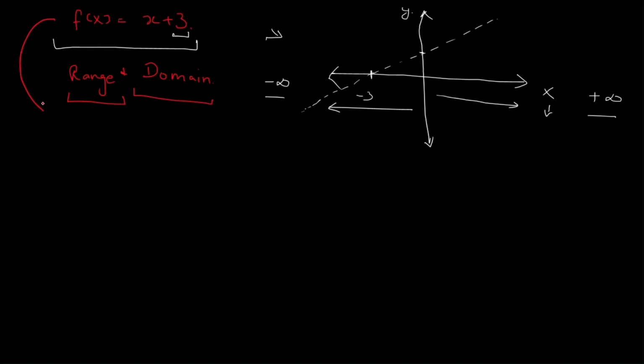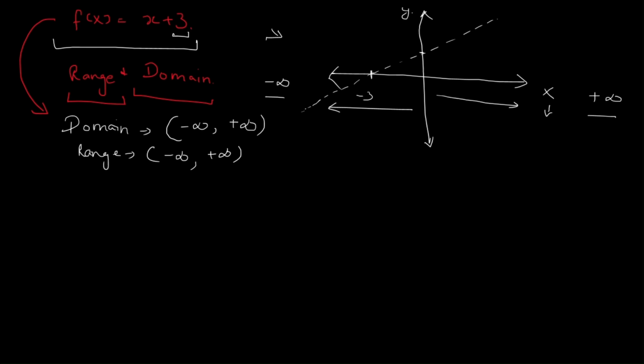So for this function, as this function is defined at all the values on the x-axis, the domain is from negative infinity to positive infinity, right? And the range is similar to domain, negative to positive. So this was a basic example of what is a function.